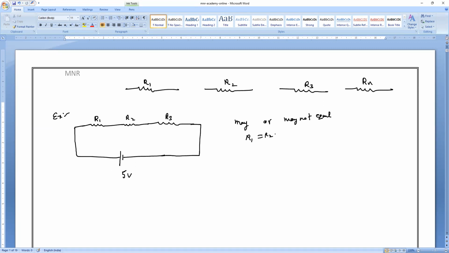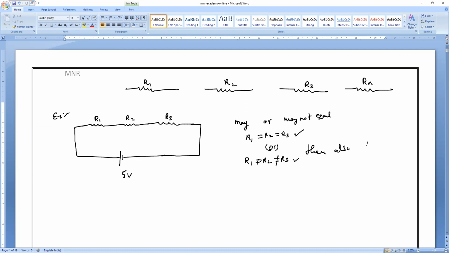Maybe R1 equals R2 equals R3, or R1 is not equal to R2 is not equal to R3. Or R1 equals R2 but not equal to R3.